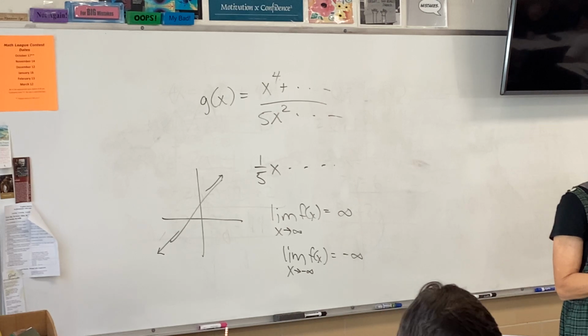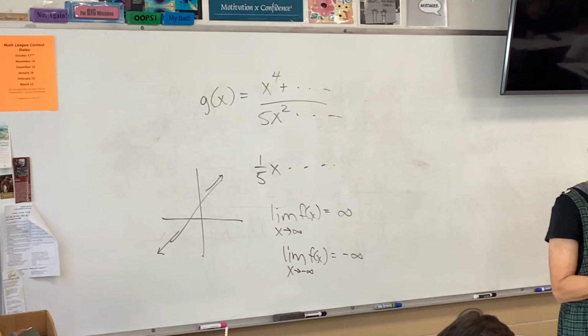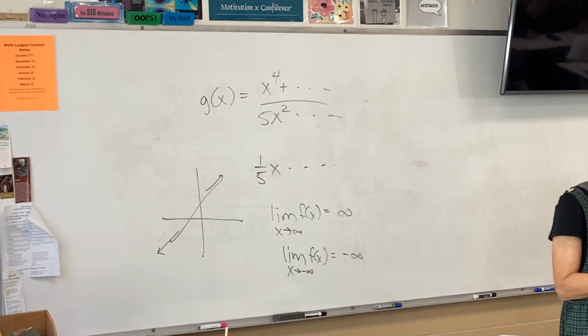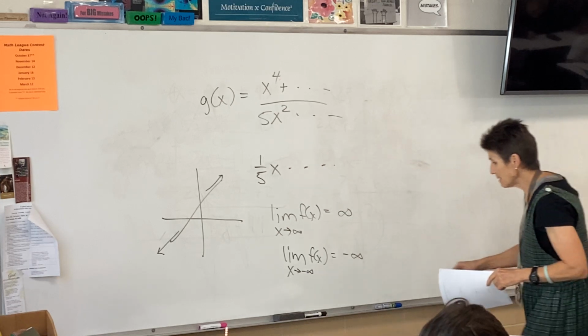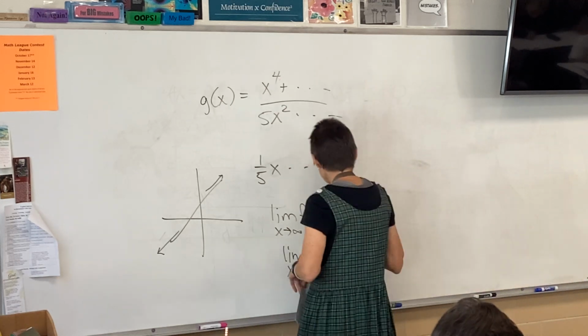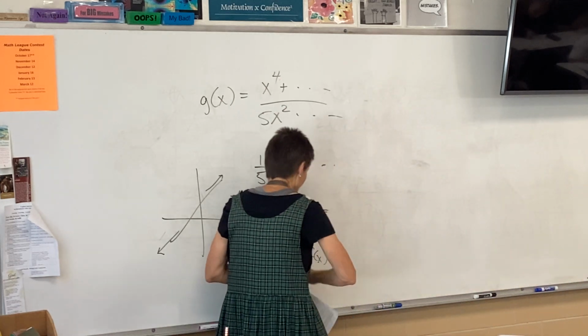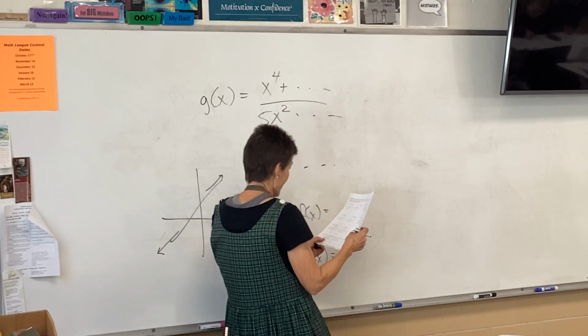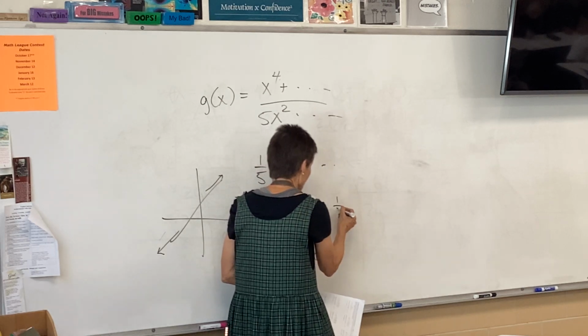Now I want you to look at problem 10. Does it have a horizontal asymptote? So the limit on both sides is going to be whatever the asymptote is, which is 1/3. Yes.